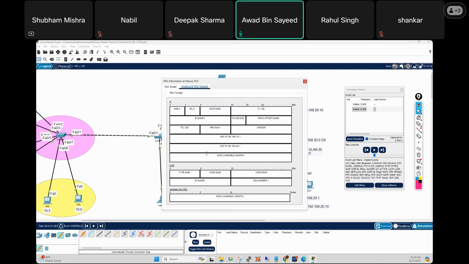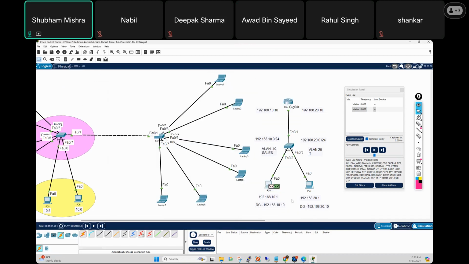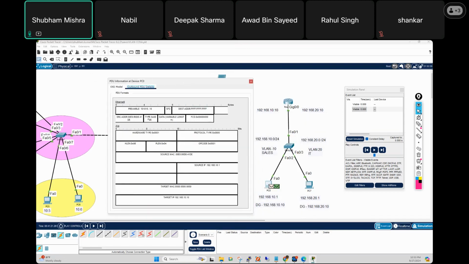This ICMP packet is not completely encapsulated, so that's the reason this packet is on hold. So this generates the ARP packet. I hope you already understand the content.